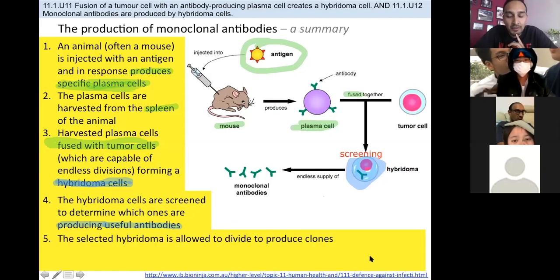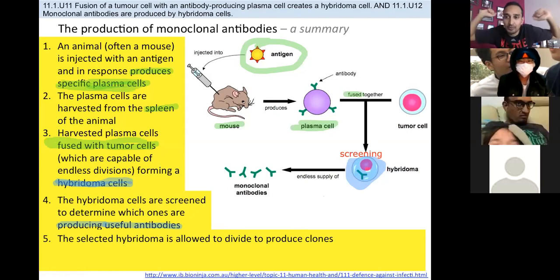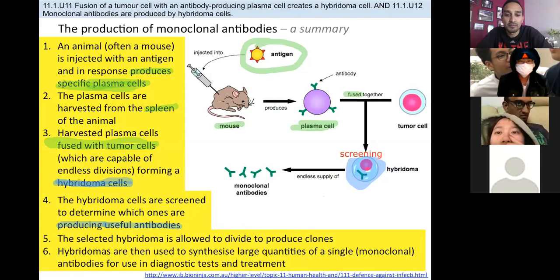And then we just put it in a perfect condition where it can divide until infinity. It will just keep dividing, keep dividing, keep dividing. And we can then lyse those cells, burst them open, and take, it's like a filtering process, sort of filter out all the antibodies.